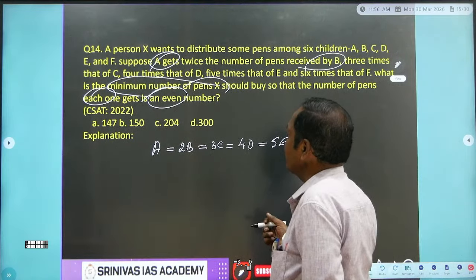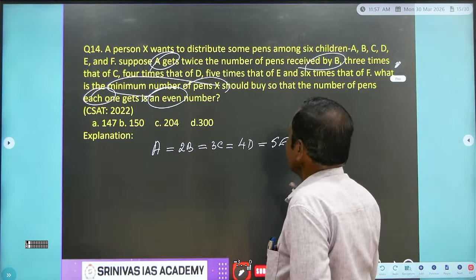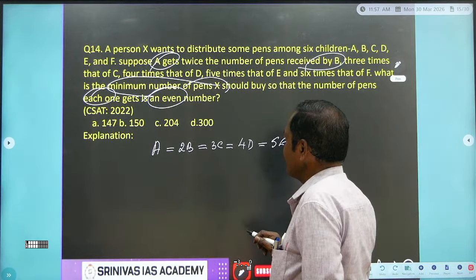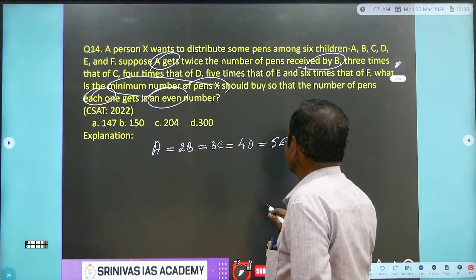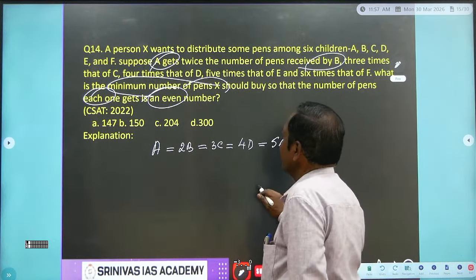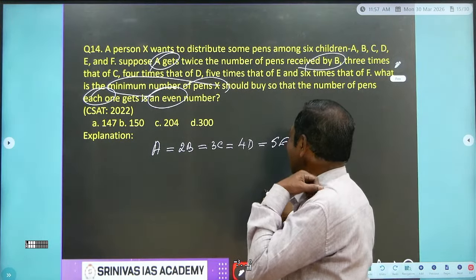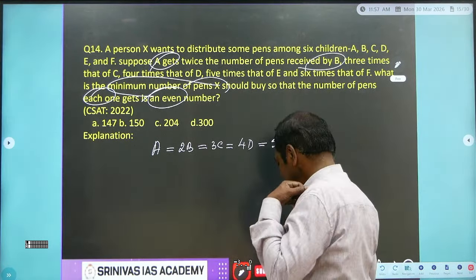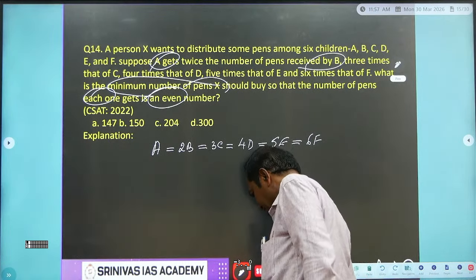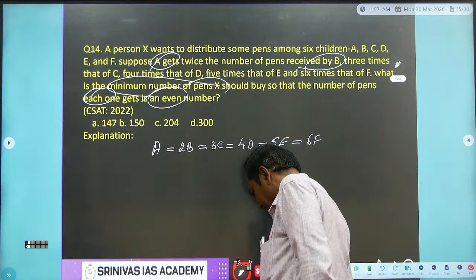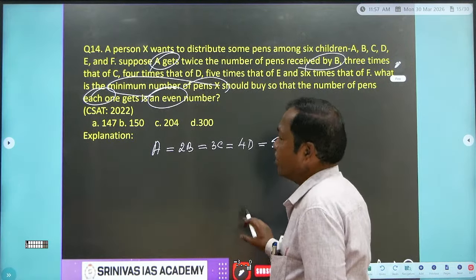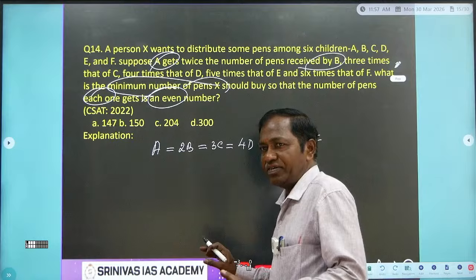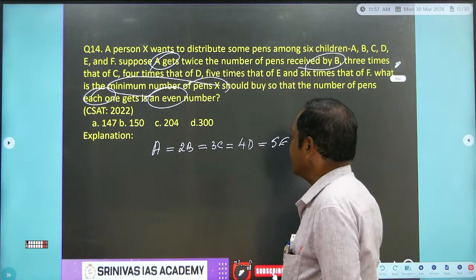Some cracking point is there, so much work is not required. What is your answer? 3C, what is the nearest answer? 6F. Where exactly do we get the cracking point here? You can see.